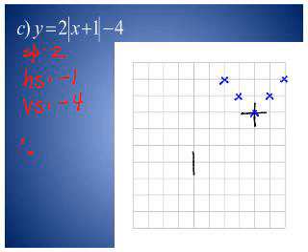Therefore, my vertex is going to be at -1, -4. Alright, so my shrink stretch is 2, so if I multiply 0 times 2, I get 0. So I'm going to do a horizontal shift of -1 and a vertical shift of -4. There's my new vertex. 1 times 2 is 2, so I'm going to go from the x-axis up 2, but now I have to do my horizontal shift of -1 and my vertical shift of -4.